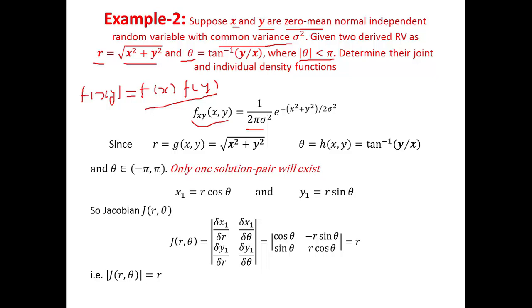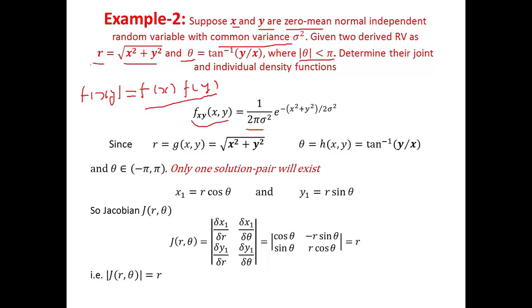If this is the given setup, we have been asked to find the joint density function of r and theta and the individual density functions of r and theta. It means we have to find f_R,Theta, f_R and f_Theta.